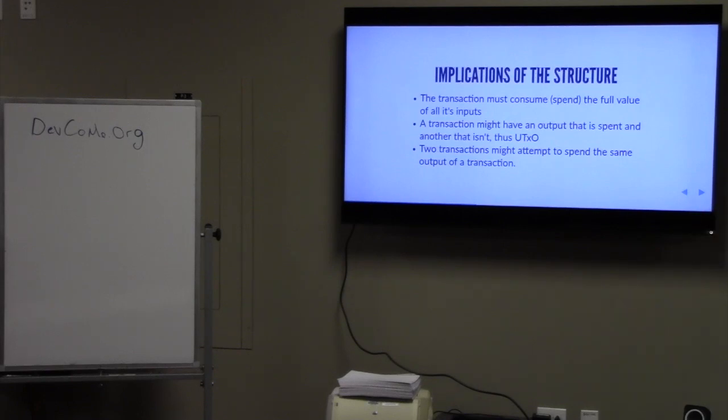And that's one of the versions of the double spend problem. There are other things that get around that, but we're not going to go into that much detail. And that's the third implication, that 2 transactions could try to spend the same output. And that is the double spend problem you guys will hear about sometimes.